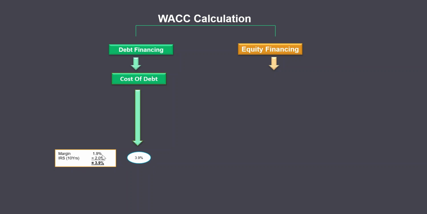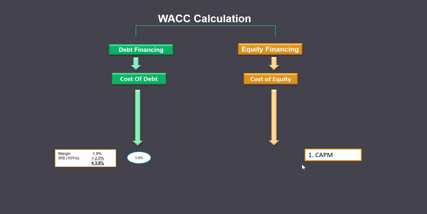This is the margin, a fixed component. This is also a fixed component. Usually this is a variable rate. The LIBOR rate is variable, but in this example I have taken the fixed LIBOR for 10 years, which gives 3.9%. Now the equity financing we calculated based on CAPM is 8.7%.